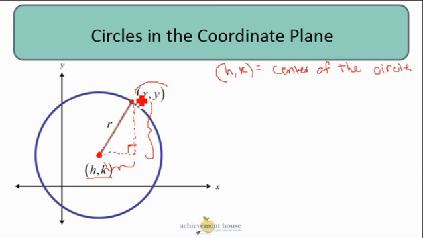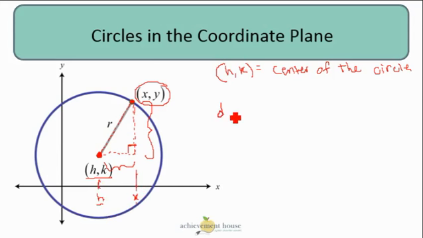Remember, x is any point, so no matter what, r is going to be the same. So we're going to do the distance from the two x values. This value here is x, and this value here is h. The distance is x minus h.